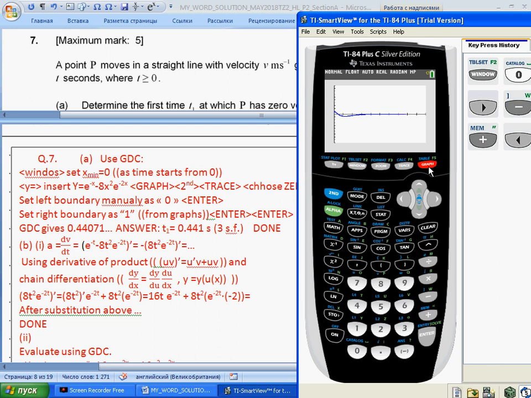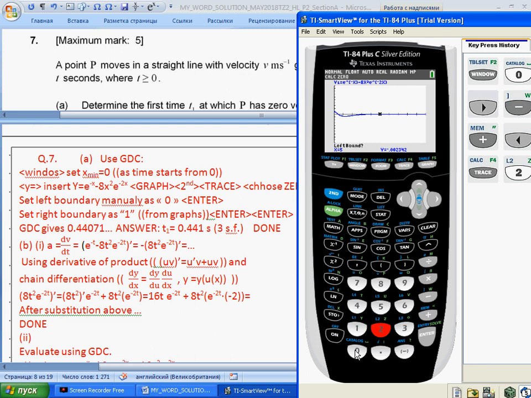So we need zeros, first zero. To find zeros, you should press second trace, and here you should choose 2, 0. There are many zeros, so this is why the calculator puts this pointer in the middle. But you can insert the left boundary as 0, for example.